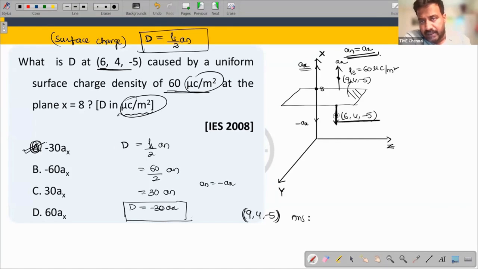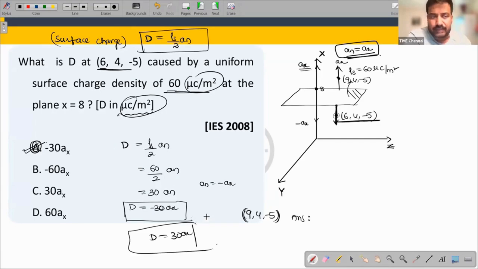So the answer would change to 30 AX. That's why you should always be able to customize your concept. Based on the point, the answer will change. You should be very careful. Okay. Any doubts here?